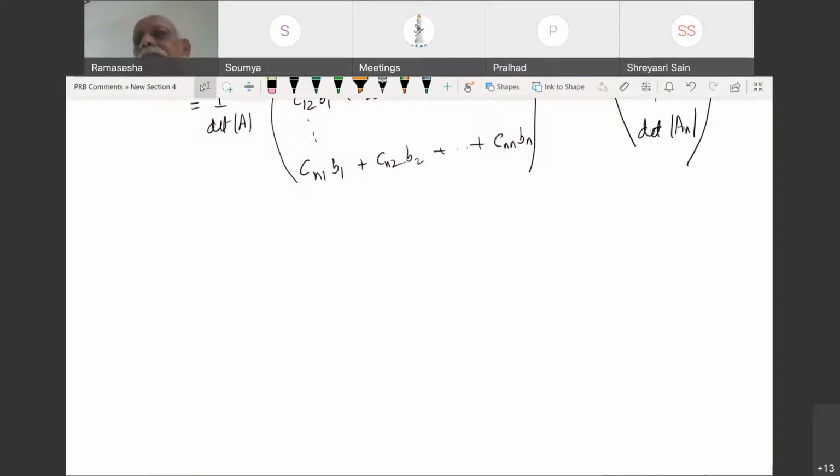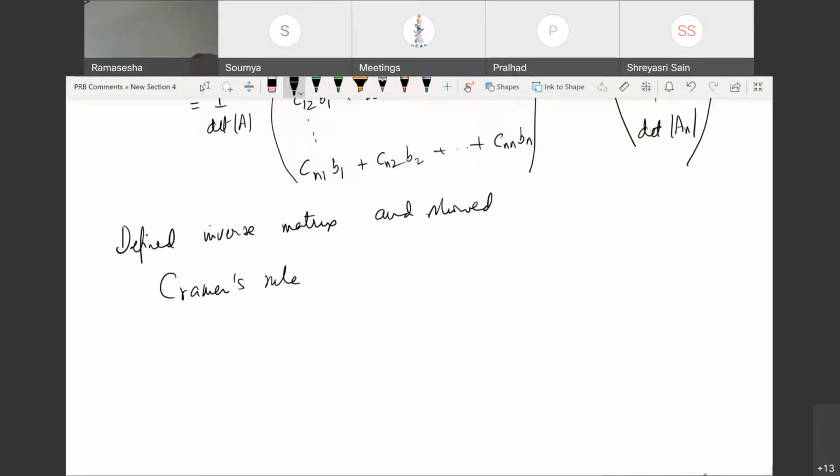Okay, so I've shown you the following. That is, I have done the following things. I have defined an inverse matrix. Cramer's rule is the same as multiplying the column vector B by the inverse matrix.